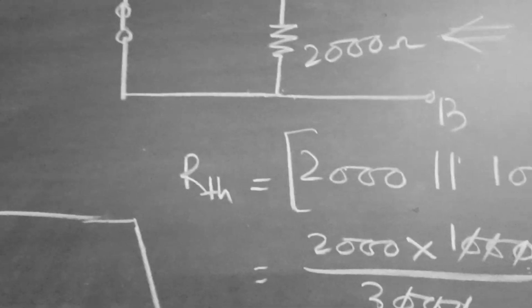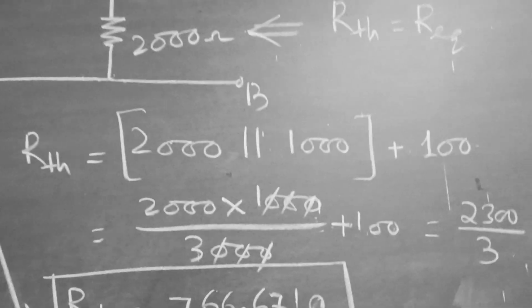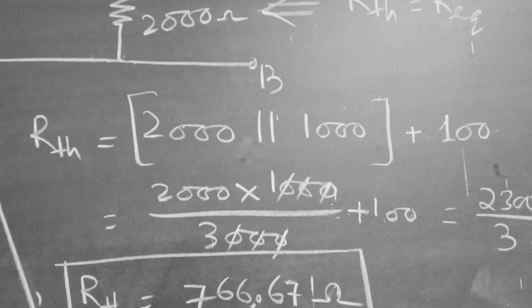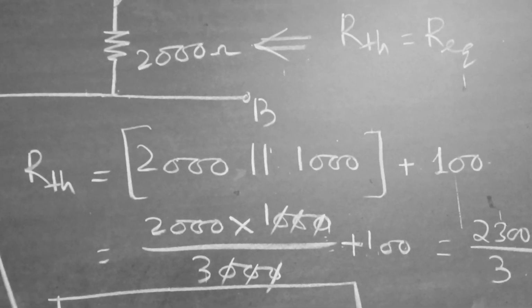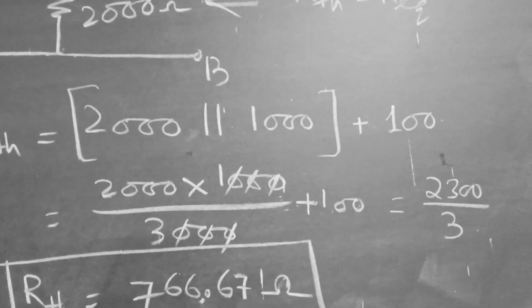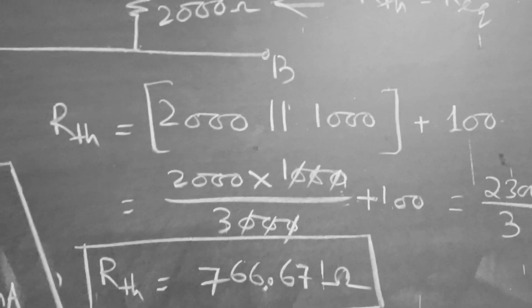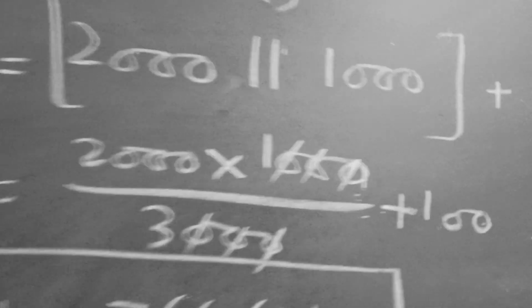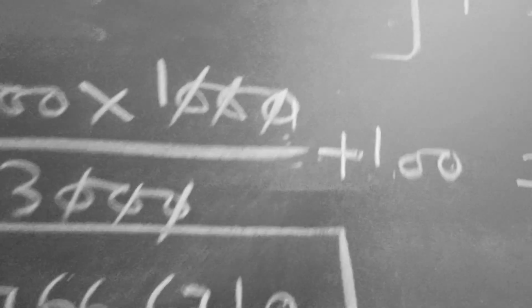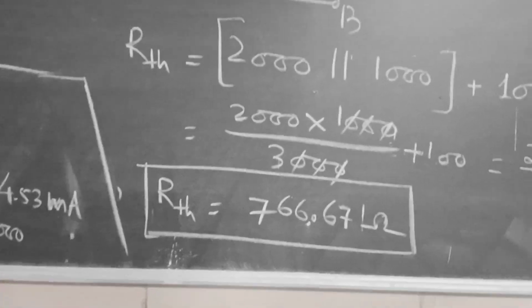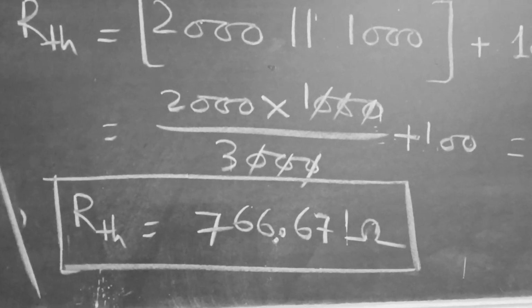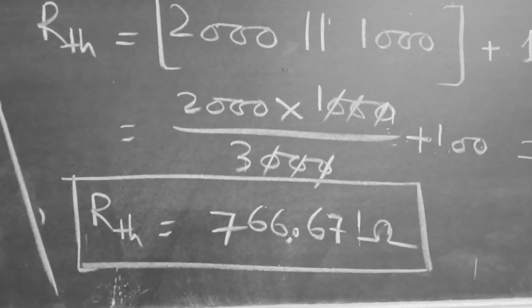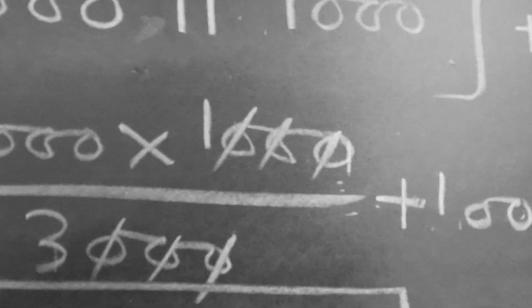So the Thevenin resistance is 2000 parallel to 1000, in series with 100 ohm. So we get 2300 by 3 ohm, and the Thevenin resistance is 766.67 ohm.